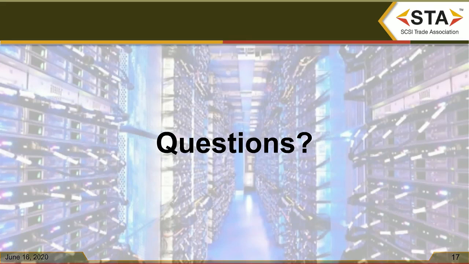Next one, can you comment on the performance implications of SMR? So I did talk about SMR and what we're doing in T10 to support it with the zone block commands, etc. In the press, SMR has gotten significant feedback on performance, but the important part is you have to understand the type of SMR that's being used.